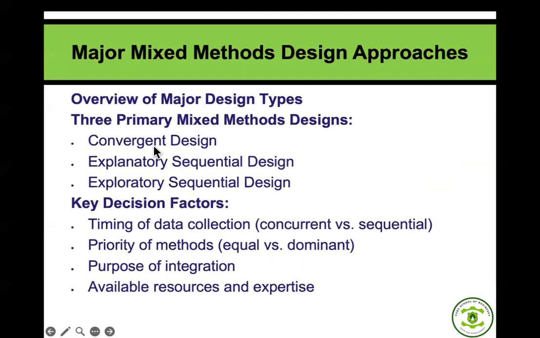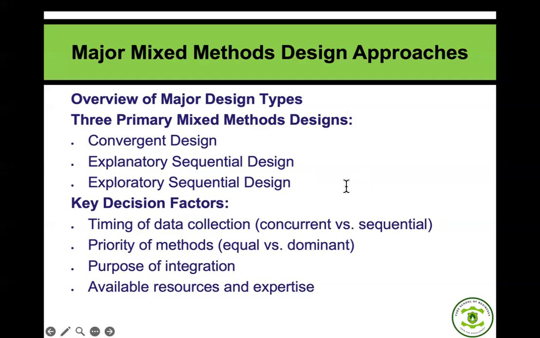Okay. Now, I want us to look at the major mixed methods design approaches. So now that we have covered the philosophical foundations and maybe the core principles, I want us to examine the three primary design approaches, using some visualizations.